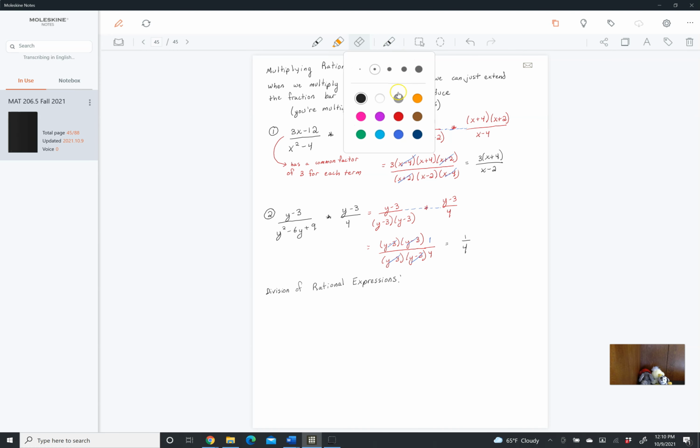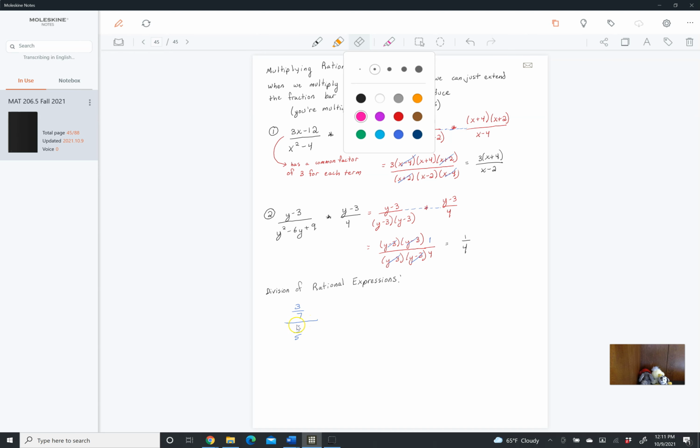So for example, let's say that we had 3 over 7 divided by 6 over 5. Now, if we want to divide these expressions, what we're really doing is getting rid of the denominator.